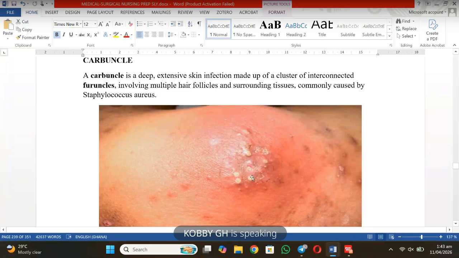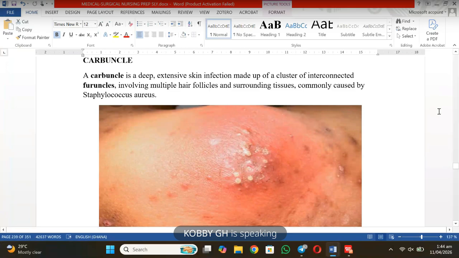There is one here, two, three, four, five, six, but all of them are interconnected or clustered at a particular area. That one, we call a carbuncle. Their cause is the same. The difference is that with a carbuncle, we have multiple, interconnected areas filled with pus.